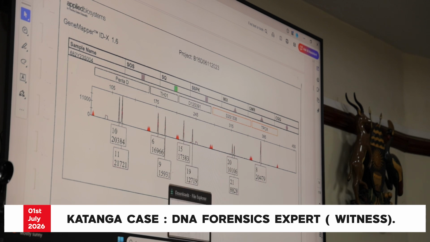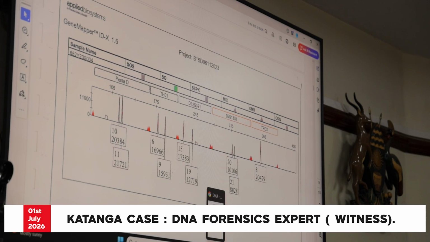On the DNA report, can I find Mole Katanga's DNA profile, just written in a straight line? Yes, there was a table of the pieces of information of all the DNA profiles obtained.